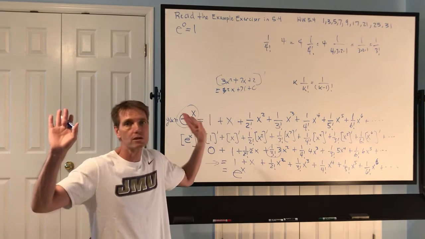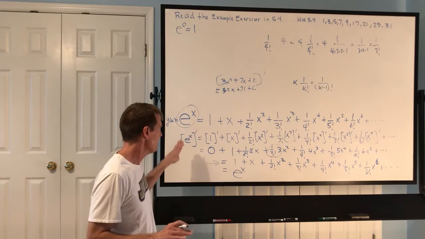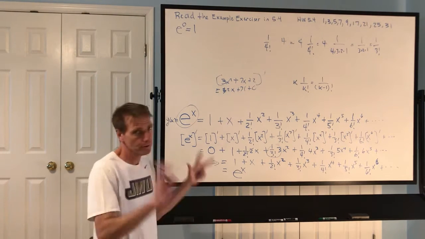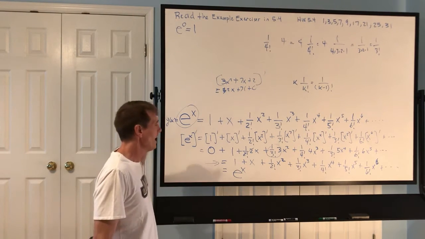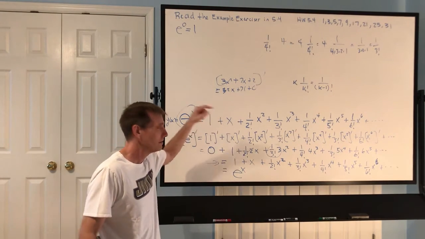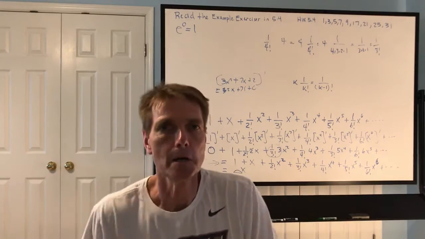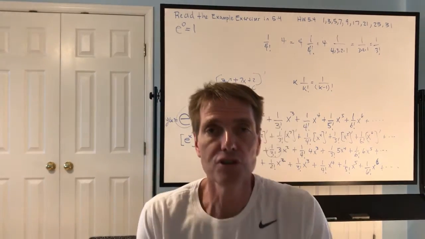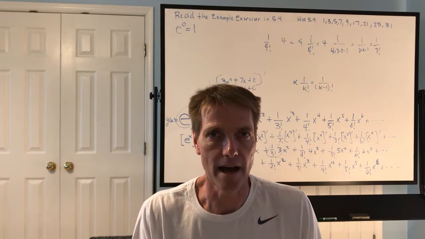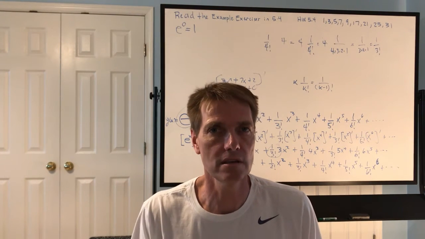Where it converges, which we can show is for all real numbers, okay? So what we really argued, justified, not proved, justified, is that the derivative of this function, unbelievably, is itself. The derivative of e to the x is e to the x. It's an amazing function.